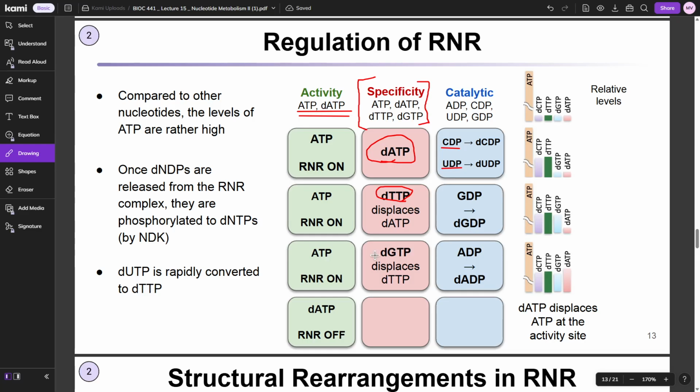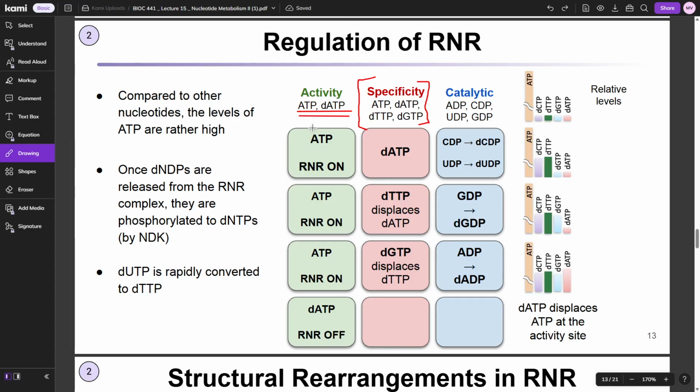And then I'll do NDK, and then I'll bind dGTP after making that, and then I'll make ADP and dADP. And then once this is phosphorylated, I make dATP, and that turns the whole thing off. It's like a chain, if you want to think of it like that. The product feeds back into the enzyme, and it changes the thing.